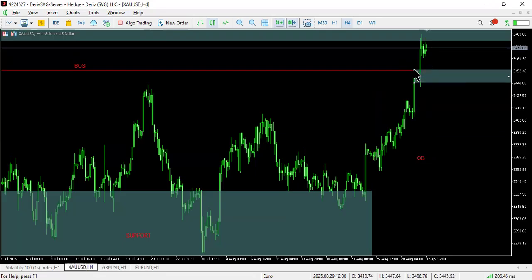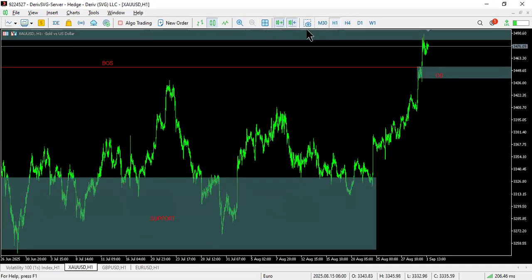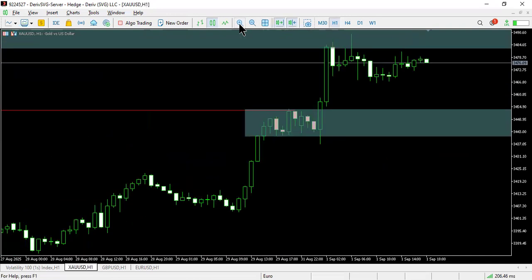That is the order block from the 4 hours. Yes, so that is our order block. And then from the 1 hour, that is our order block.